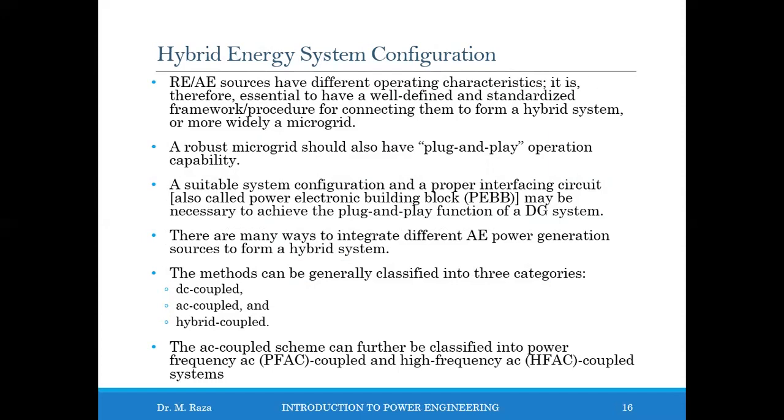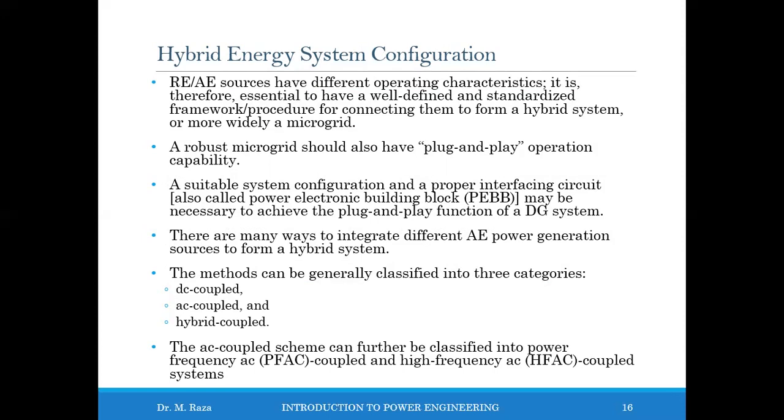A robust microgrid should have plug and play operational capability. Adapted from the concept widely used in computer science and technology, plug and play operation here means a device, a distributed generator, an energy storage system, or a controllable load, capable of being added into an existing system without requiring system reconfiguration to perform its design function, namely generating power, providing energy storage capacity, or carrying out load control.